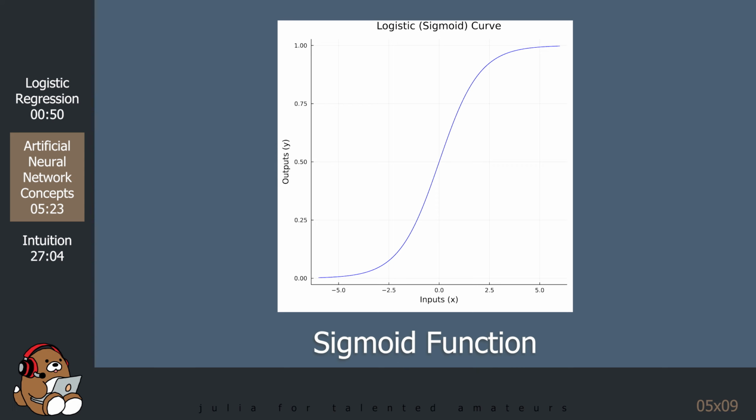It's the exact same thing with a different name. In this new world, the sigmoid function is an example of something called an activation function. An activation function is the term given to the nonlinear portion of the artificial neural network model.